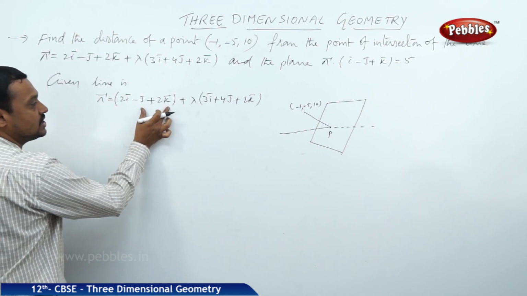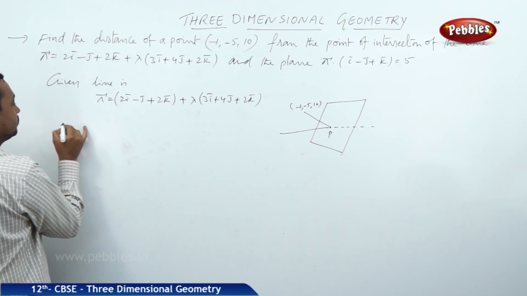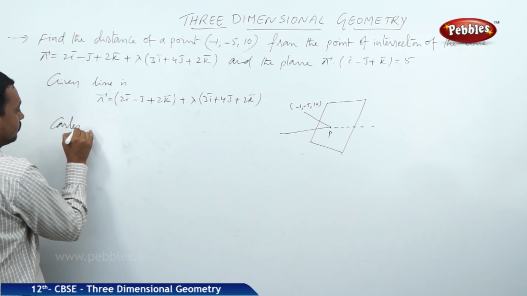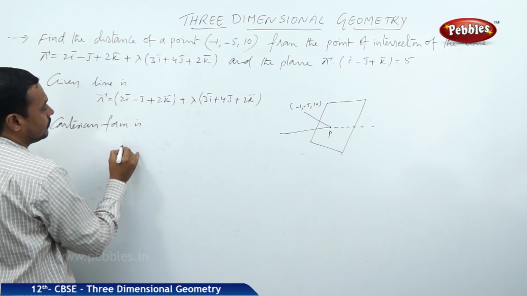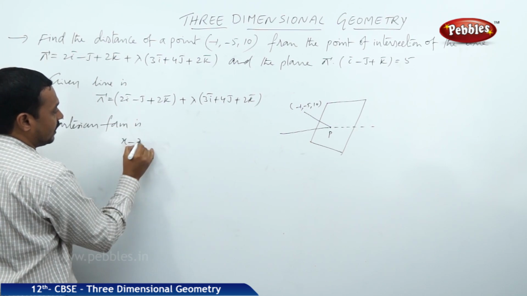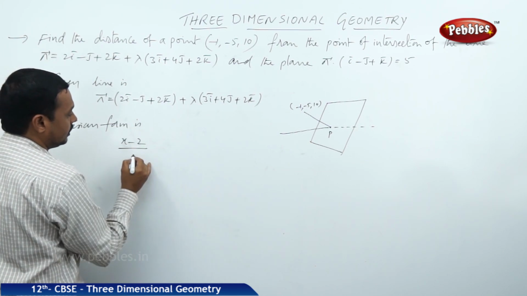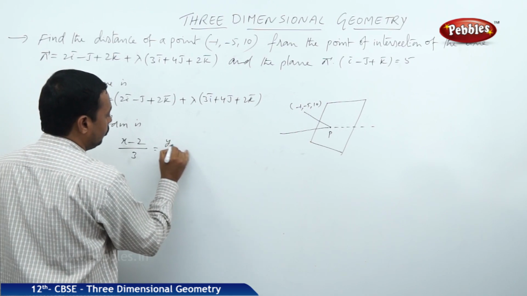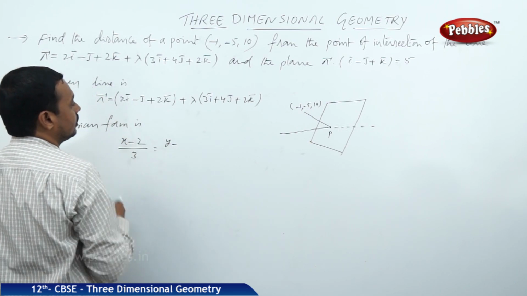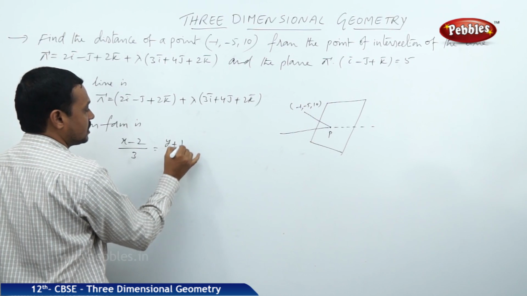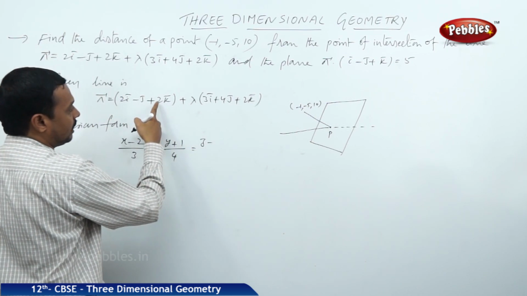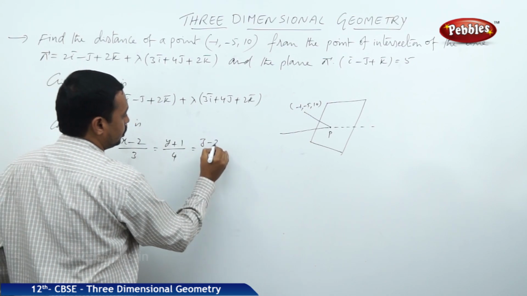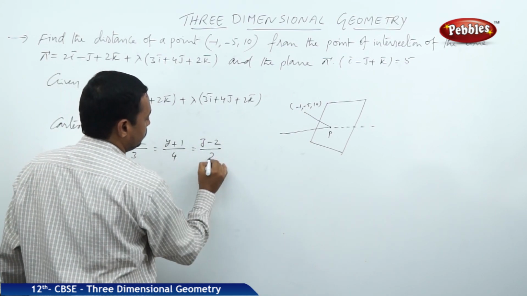Now, I am going to change this vector equation into Cartesian form. The Cartesian form is (x minus 2) by 3 is equal to (y minus y1, here it is minus 1, therefore y plus 1) by 4 is equal to (z minus 2) by 2.